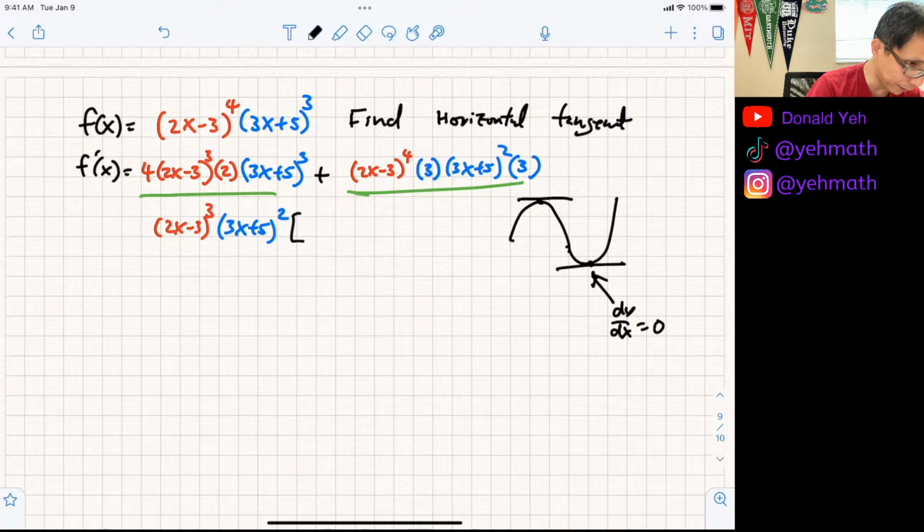That means you take out everything. The first one, you got 4 times 2, which is 8, times what? 8 times what? 3x plus 5, right? Does that make sense? Because you only take out a 2 here, so you have 1 left. On the other side, I take out 3, so plus 9 times (2x minus 3).